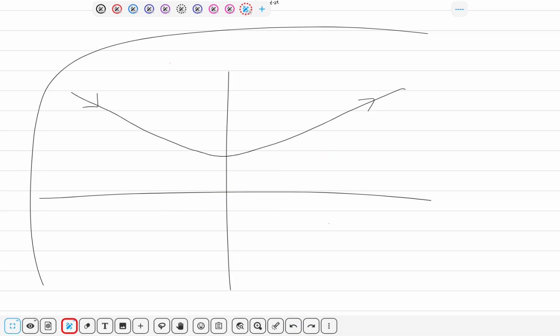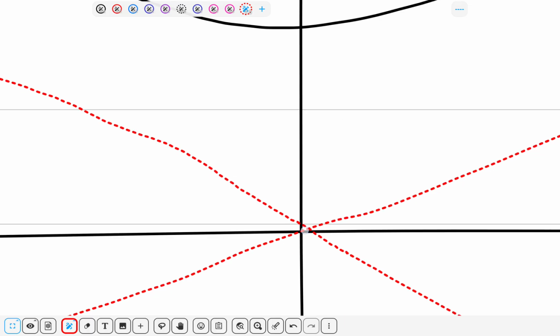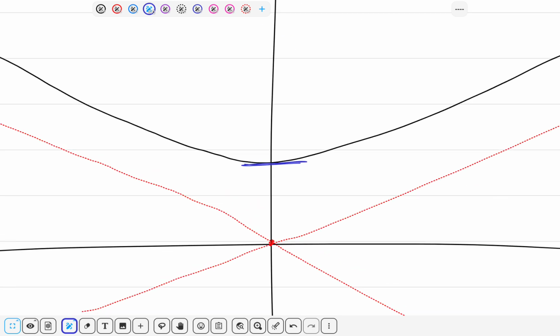Maybe it's better if I just make them pass through the origin for some reason. Okay, let me try again. Almost passed through the origin, no problem, never mind. So if that's the case and this is a zero angle, then what, then what, then what?